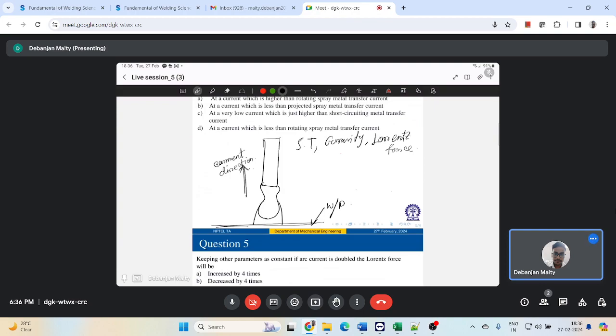So electric current plus own magnetic field will give you the Lorentz force, correct?